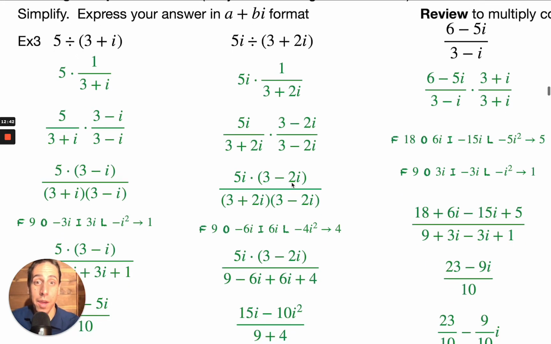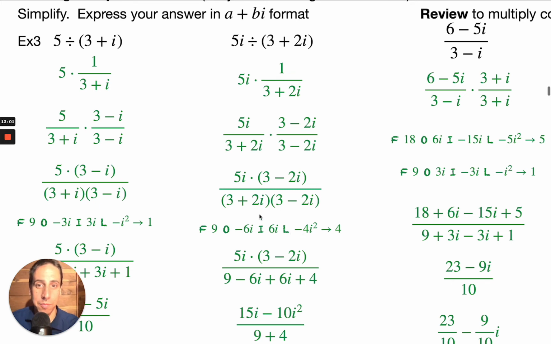5i times 3 minus 2i is what you get on the numerator, and then you'd have this thing you'd have to FOIL, because you're multiplying two different complex numbers, 3 plus 2i and 3 minus 2i. When you do that, the first term is 9, the outside term is negative 6i, because 3 times negative 2i is negative 6i. The inside term is 2i times 3.